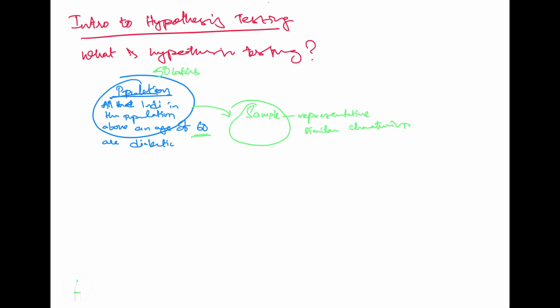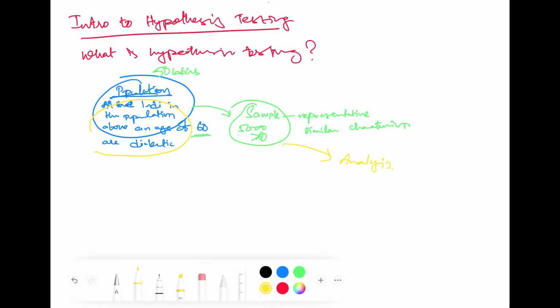From that we will draw a sample of maybe 5,000 individuals who are representative of the population, and we will collect the data on their diabetic conditions for those above 60, and we will run the analysis on the sample data, so that we can validate our assumption that all the individuals above 60 are diabetic or not.